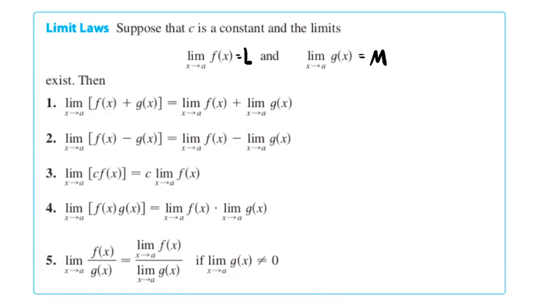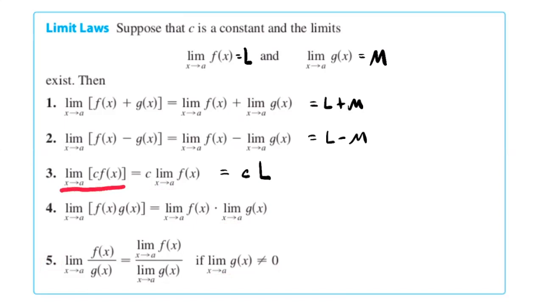So if we wrote these things out in terms of our notation, the limit of f plus g is just the sum of the limits, so it would be L plus M. Take a difference, it's the difference of the limits. You multiply by a constant, you're going to get that constant times the limit of f, so you just get the constant times L. Sometimes students or people like me say that you can pull a constant through the limit.